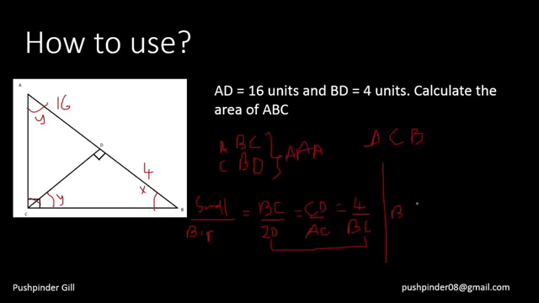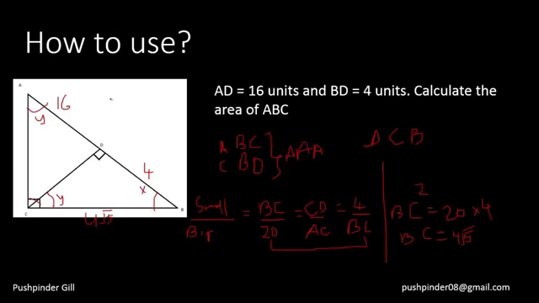That means from both of them I can say that BC square is equal to 20 times 4. Okay, that means BC is equal to 4 root 5, right? So BC over here is equal to 4 root 5.